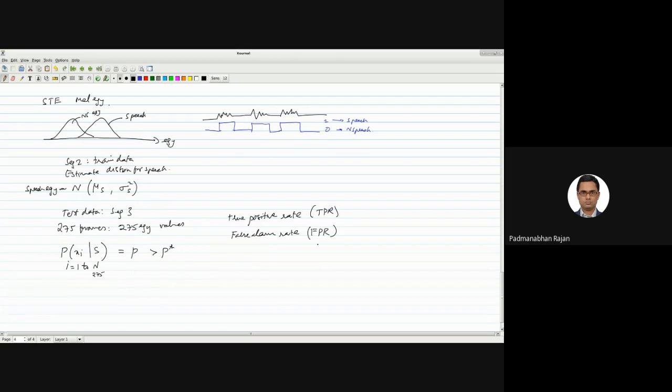You get what is the true positive rate, and then you get what is the false alarm rate. Now, you start plotting the ROC curve. This will be the TPR, and this will be the FPR. For this particular threshold, you will get a single point here, which is the TPR and FPR.